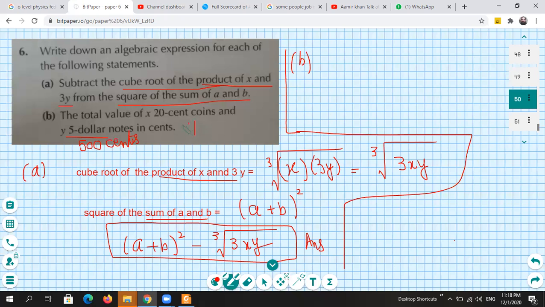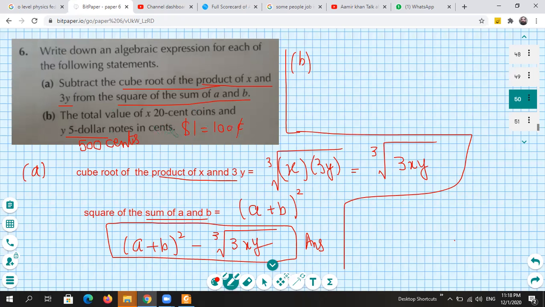You can write here $1 is equal to 100 cents. So $5 will be equal to 500 cents. I have converted dollars into cents because the answer should be in cents as required by the question.